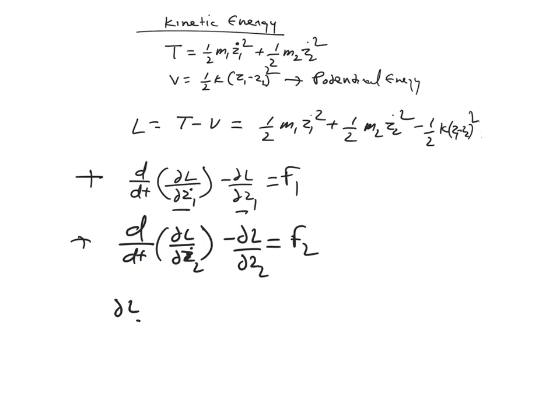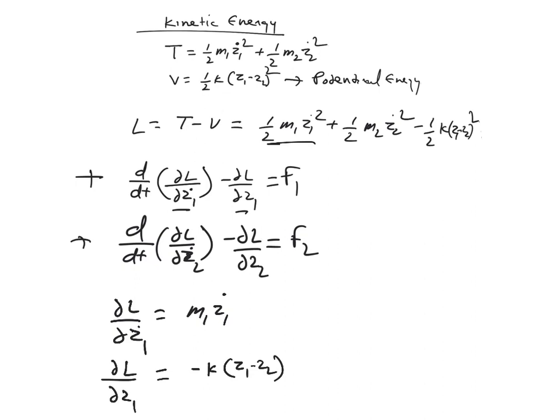What is the partial with respect to Z1 dot? Z1 dot only appears in this term, so it is just M1 Z1 dot. The partial of L with respect to Z1 is minus K times Z1 minus Z2.